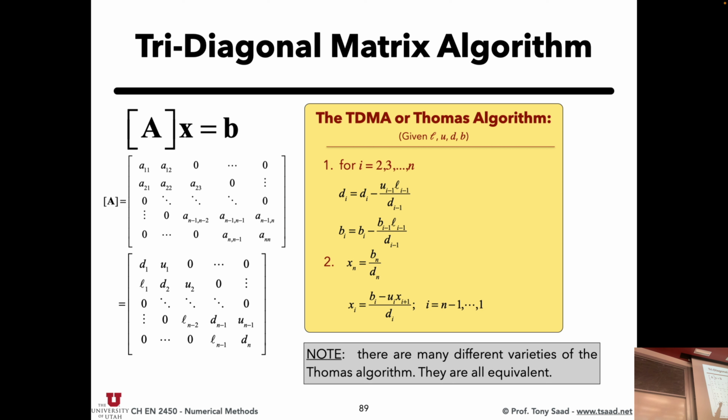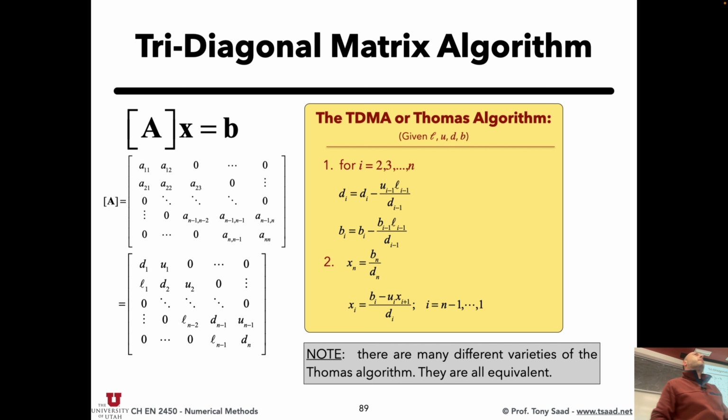Same thing for b. So you create this new matrix with the d primes and the b primes. And then you proceed by backward substitution. You start with the last entry, xn, and you build the solution backwards. Okay? That's it. That's the tridiagonal matrix algorithm.